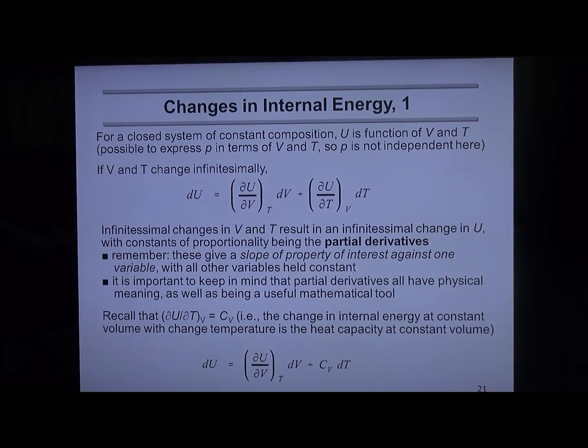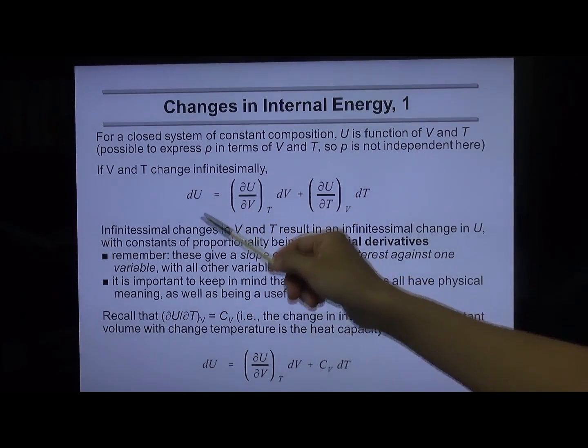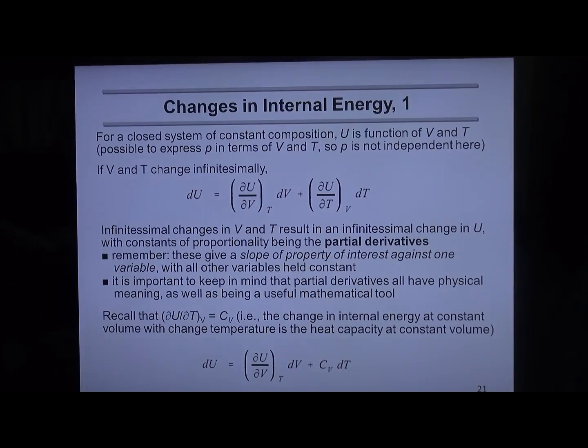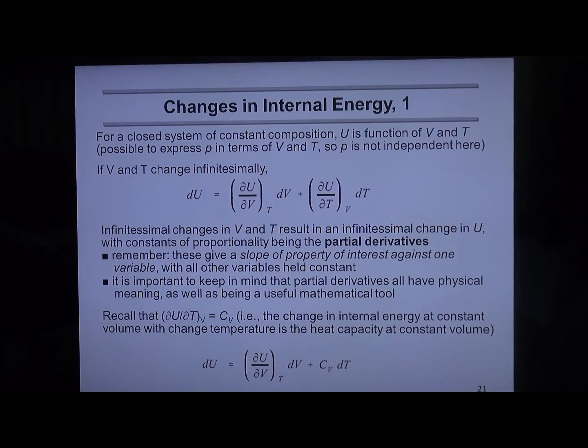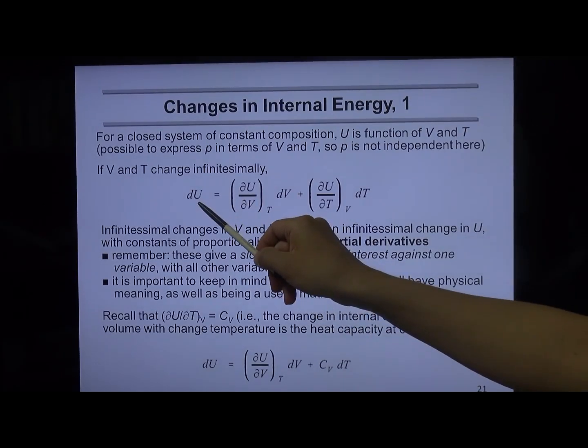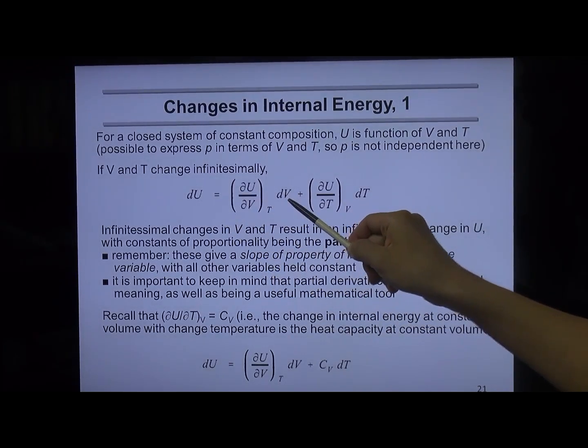So internal energy can be expressed as a function of 2 variables, either pressure and volume, or pressure and temperature, or volume and temperature. Either one is fine, but we select volume and temperature to describe internal energy.